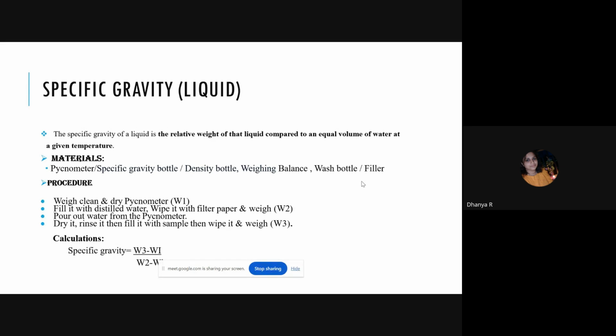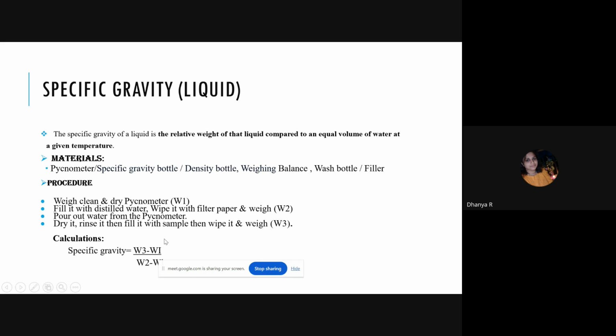So weight of the liquid or weight of the sample is W3 minus W1, W3 being the sample weight with the pycnometer, minus the pycnometer weight W1, divided by W2 minus W1. W2 is the weight of the distilled water with the pycnometer, minus the pycnometer. So this will give the specific gravity.